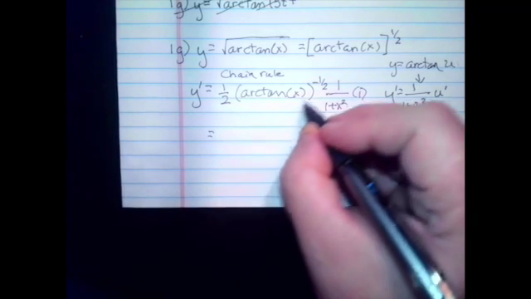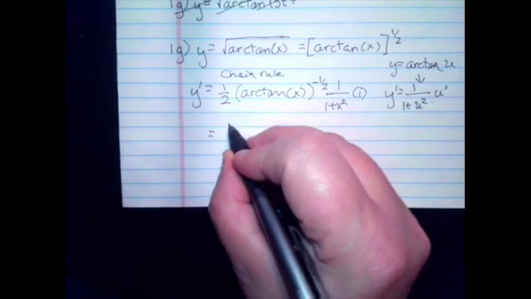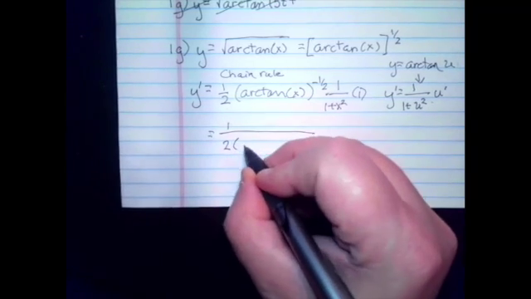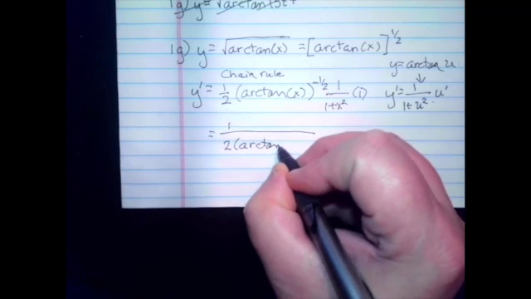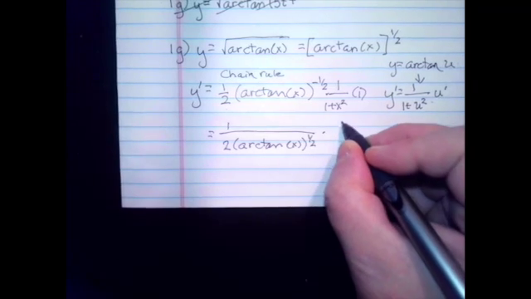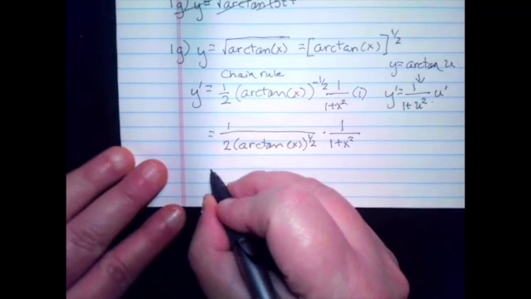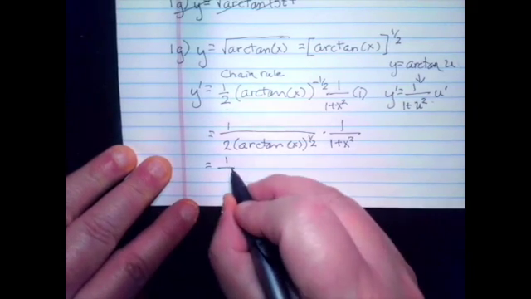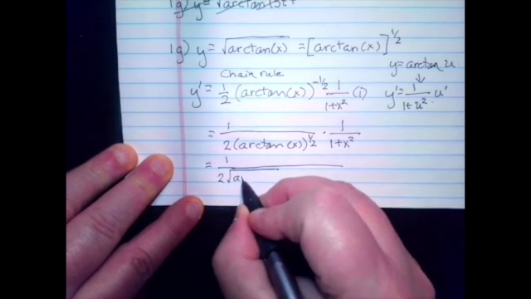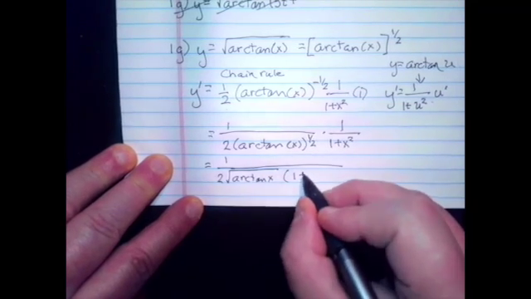I'm going to rewrite this expression without the negative exponent. So we'll have 1 over 2, and then in the denominator you'll have arctangent of x to the 1/2 power, and then just times 1 over 1 plus x squared. And if you like, you can rewrite that as 1 over 2 times the square root of the arctangent of x times 1 plus x squared.